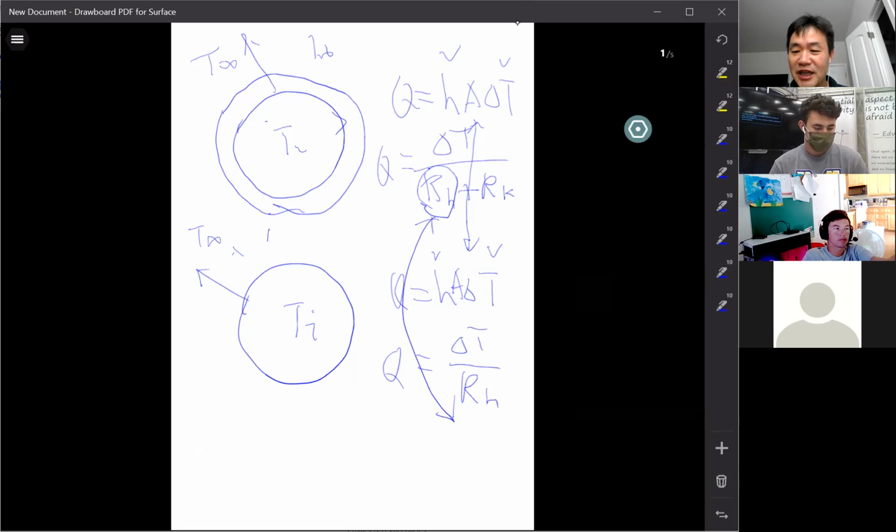If your insulation is too thin, if your k is too little, then because the area increased, you have a bigger heat transfer from the convection, and your insulation is not enough to offset the increase in convection. Then even with the insulation, you actually increase the heat transfer.